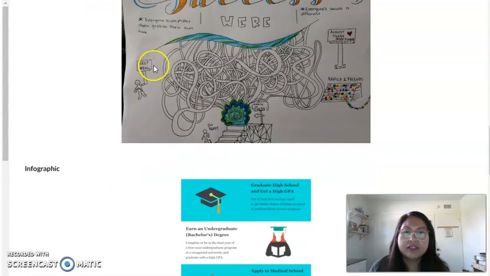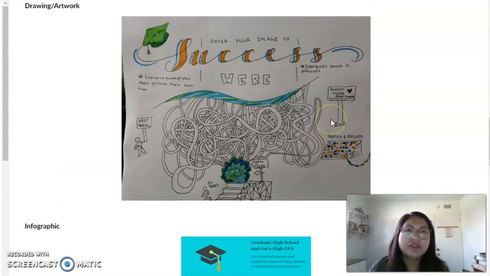And this student, for example, shows their journey to success and how it can be such a winding road, but they're ready to hang in there and stay motivated. They've got their support system here cheering for them. So this was a great example, I thought, of everything that contributed to the student's success.